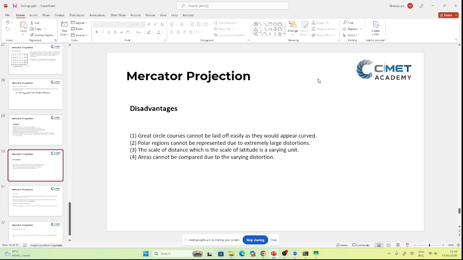As I explained earlier, when you go further north or south, the distortion is very high, where you will not be able to represent the land or the sea. So you cannot basically use Mercator charts beyond certain north or south latitudes.